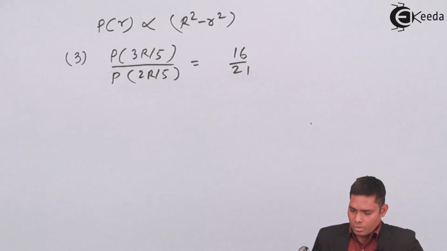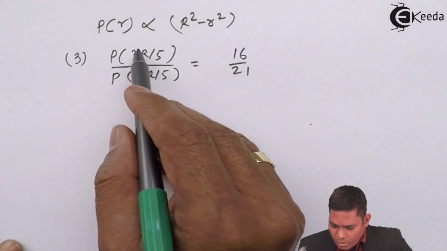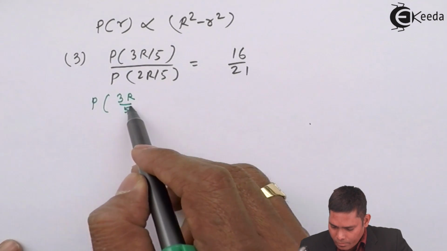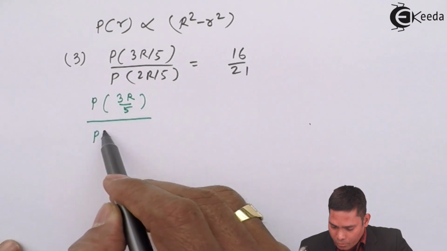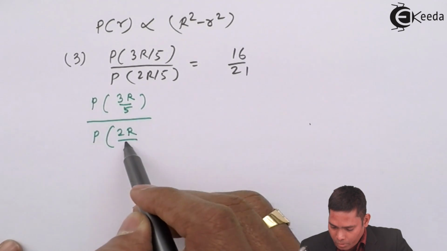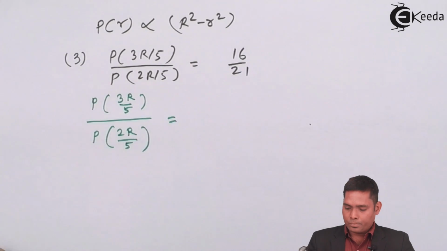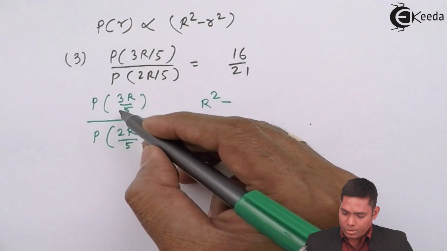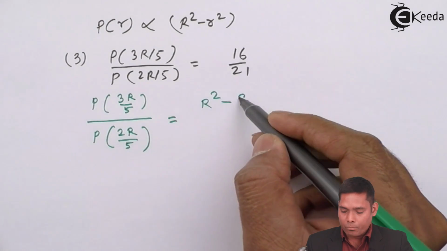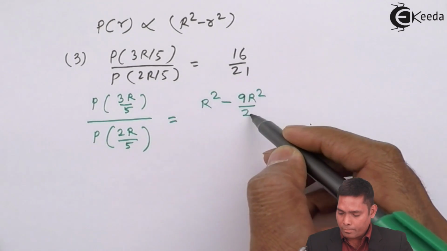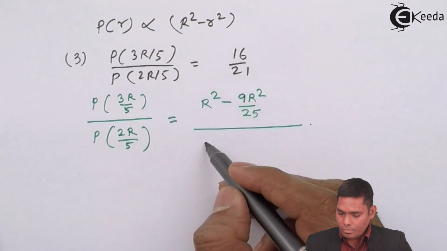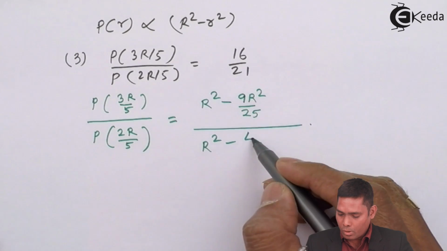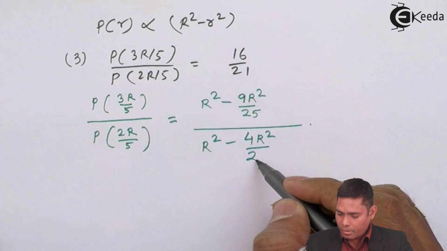So P of 3R by 5 divided by P of 2R by 5, putting this value here, this is R square minus the square of this, 9 upon 25. So it is 9R square upon 25, divided by R square minus the square of 2R by 5, which is 4R square by 25.